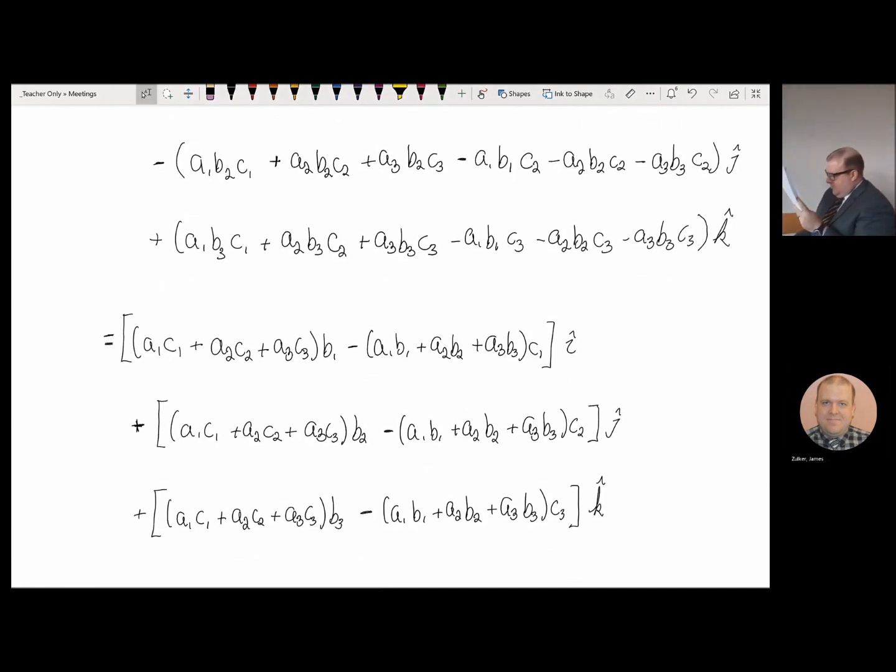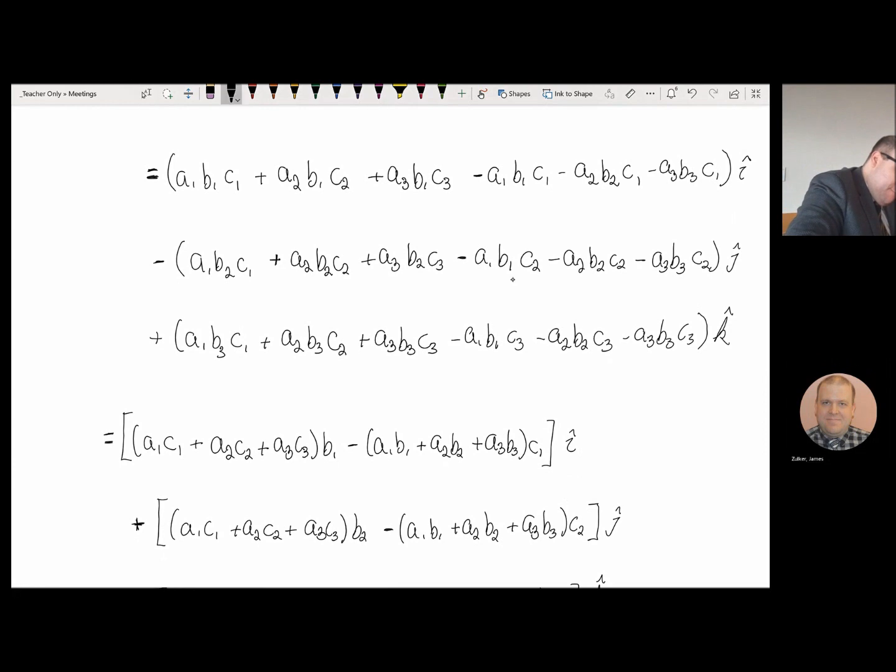Hold on. A1, C1 is here. All right, so that should have been negative. Why do I have it as positive here?